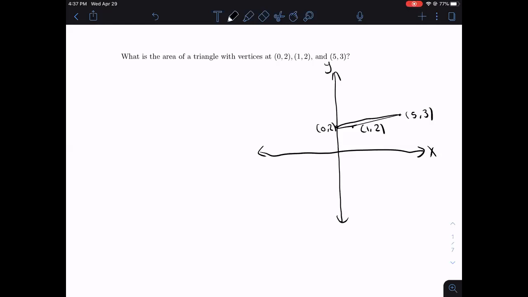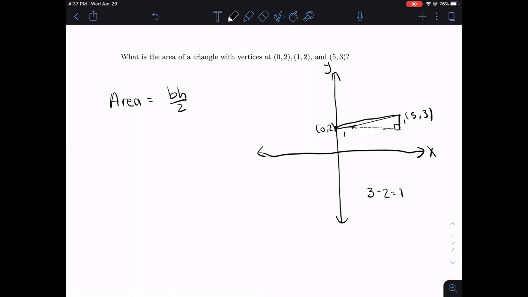Somebody said 2. Okay, so to do this, we use base times height over 2. So what's the base here? It's 1. And if we look at this and try to extend it, and we drop that perpendicular, this length is equal to 1 as well, because 3 minus 2 is 1.